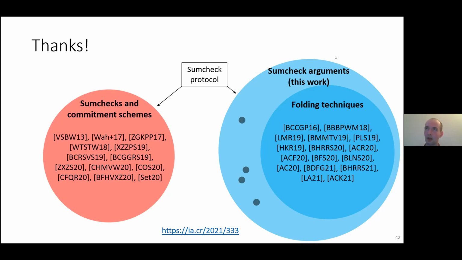So I think there's probably a connection to the original sumcheck protocols, almost certainly, but whether it's directly connected to sumcheck arguments, I'm less sure because of the cryptographic commitment scheme that's used.